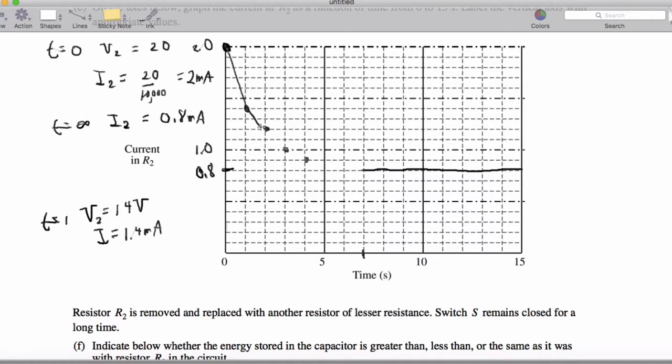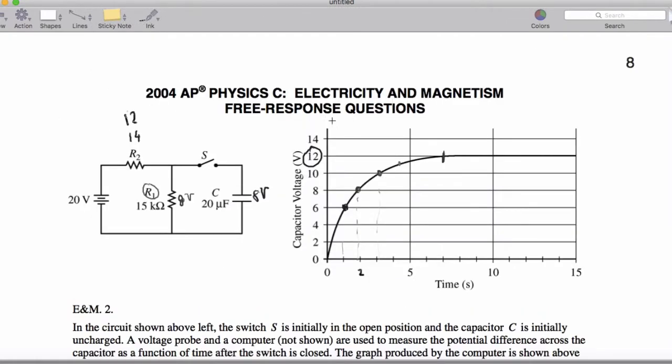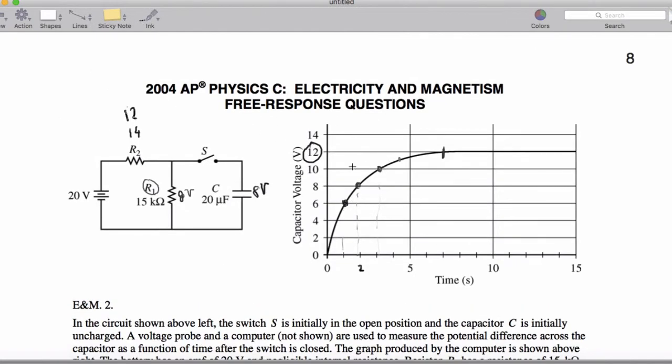So I can draw a little trend here. We draw the curve through these points using Kirchhoff's laws to get that graph as precise as possible. There we go. Close enough. All right, so that is how we draw the graph here. Again, we use Kirchhoff's laws at various points to get the voltage across the resistor and therefore the current.